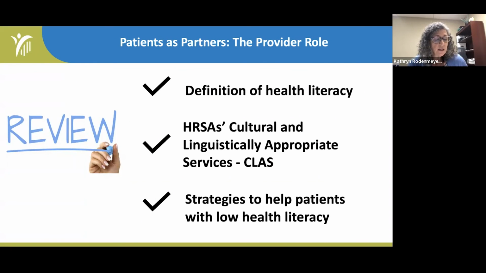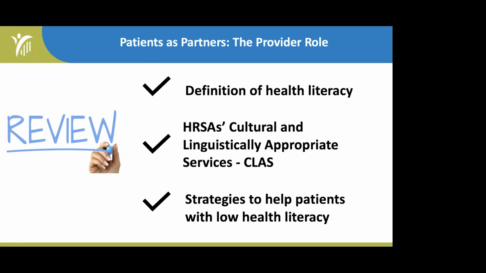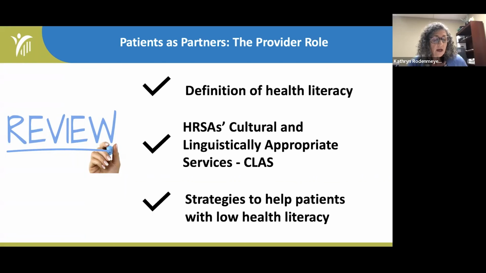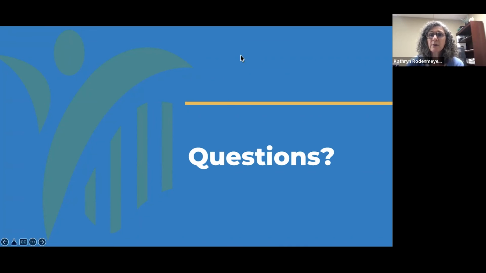So the CLAS standards can help with the improvement of personal health literacy among patients. We also discussed three strategies to help patients with lower health literacy rates. They include learning who is at risk for low health literacy, learning about and using plain language in communication, and number three, assessing the patient for their personal health literacy level. That concludes our presentation today.